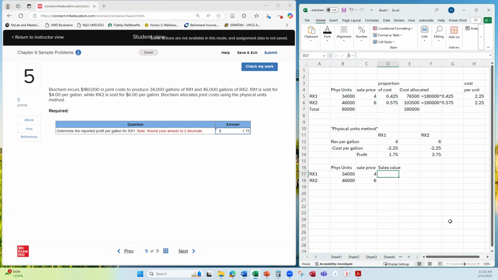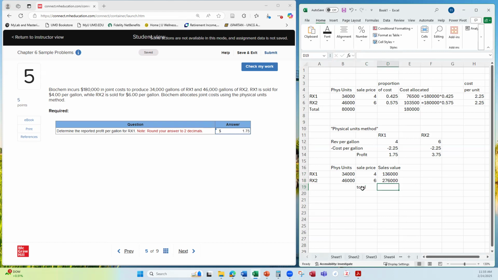So the sales value here, if we're making 34,000 units and can sell it for $4 per unit, is 136,000, and for the other product, it would be the $6 times 46,000, which is 276,000.